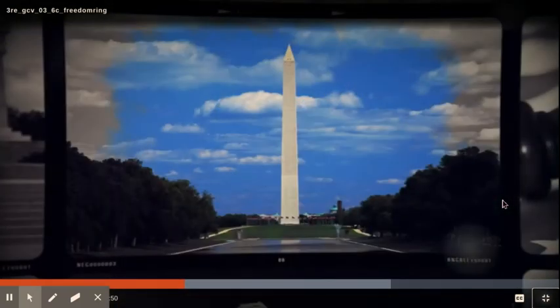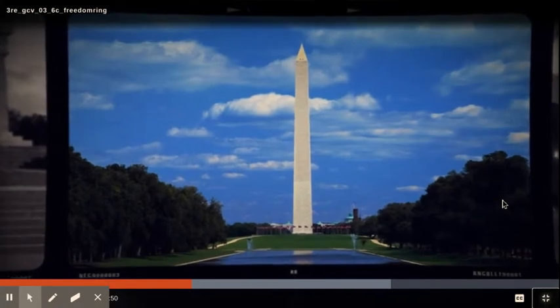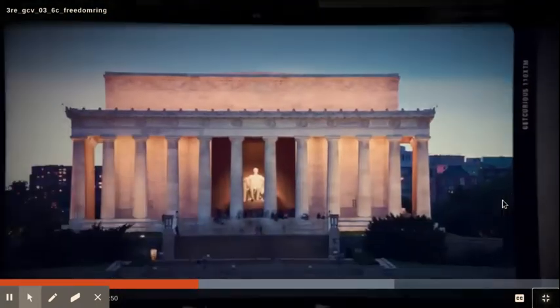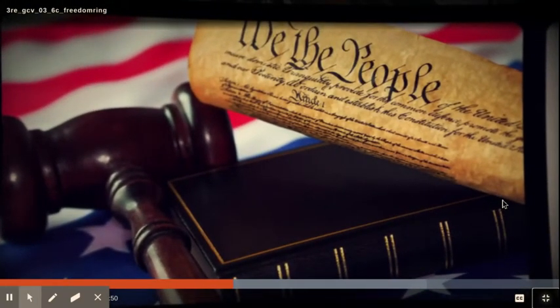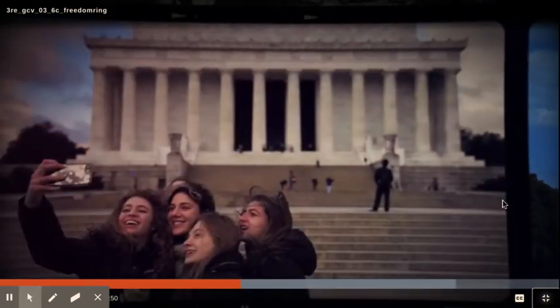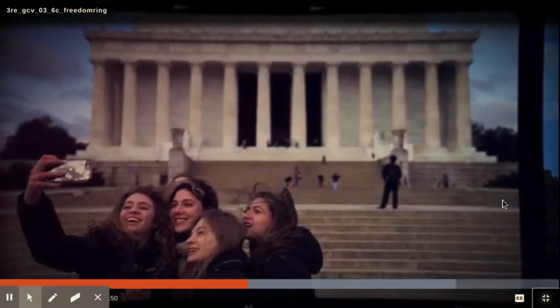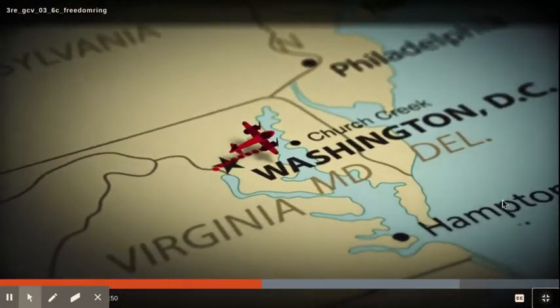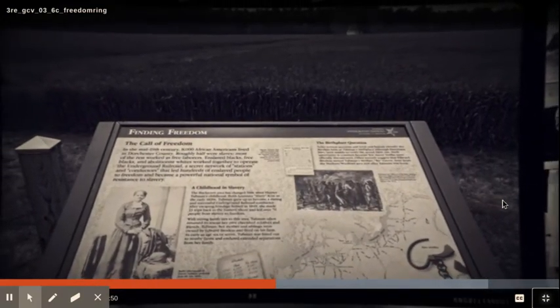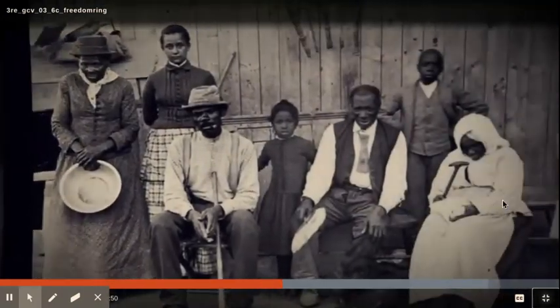There are so many great monuments here. But let's check out the Lincoln Memorial. It honors President Abraham Lincoln. He believed in the right of all Americans to share control of our laws and leaders. His memorial is a symbol of democracy and a great place to take a selfie. Next, let's go to Church Creek, Maryland, to the Harriet Tubman Underground Railroad National Park.